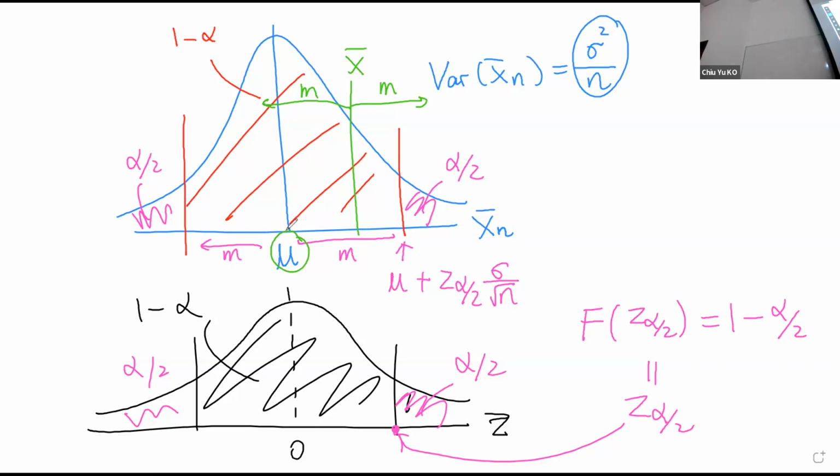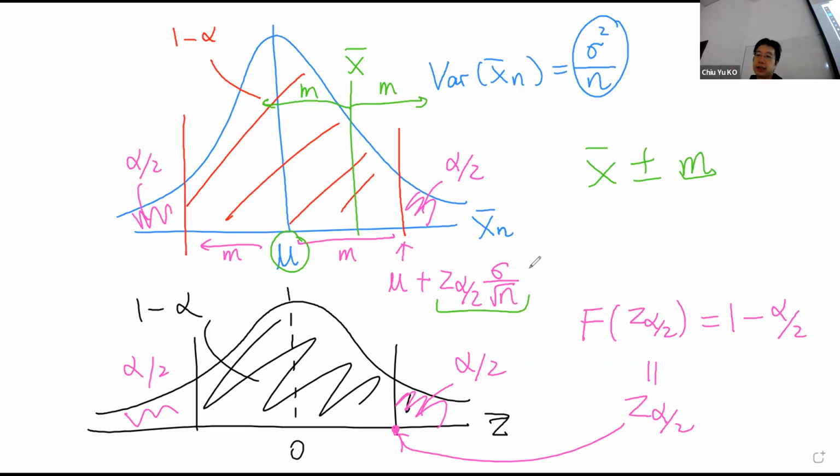That's why the confidence interval is X bar plus or minus M. M is this distance, because X bar most likely falls within this, and we extend by this distance. As long as X bar is here, which is very likely, with probability 1 minus alpha, we do the procedure, extend left and right by M, and then we're done.